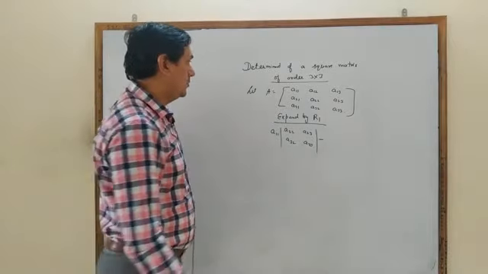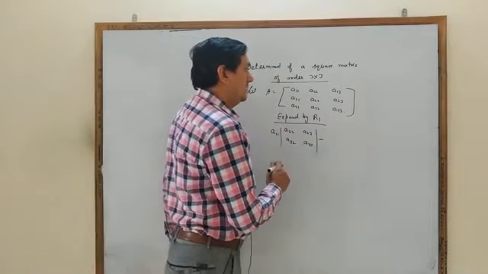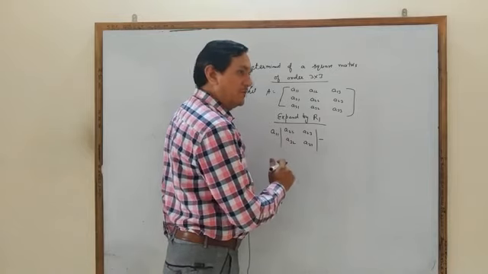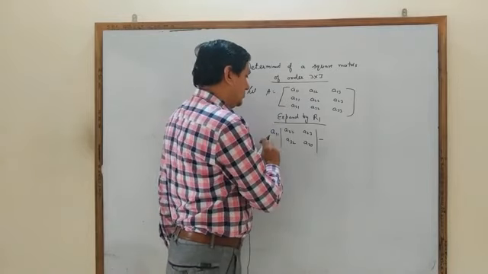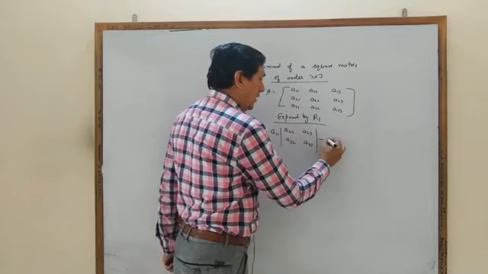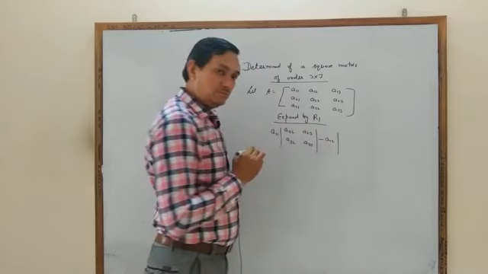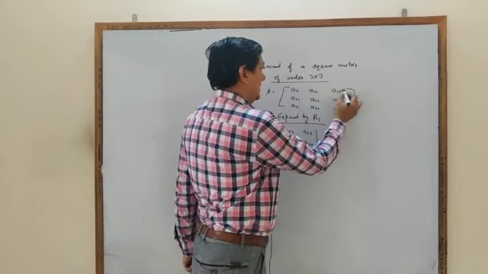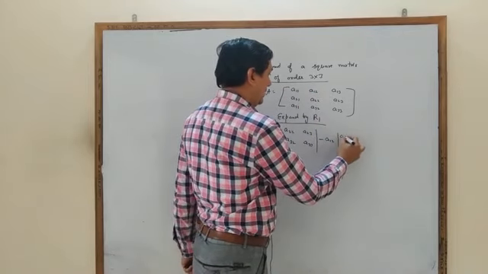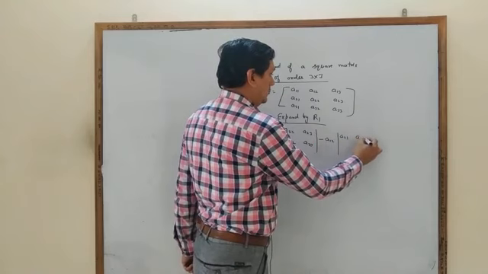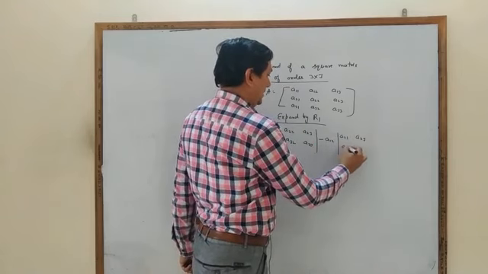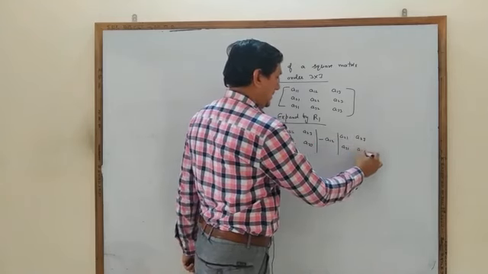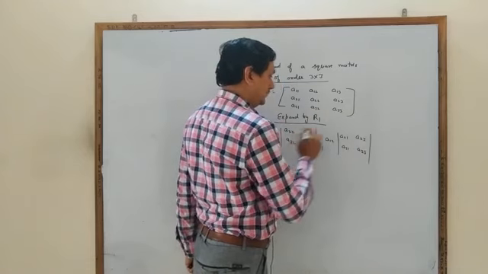As I have told you, we write the elements of R1 one by one with alternating signs. First we use a positive sign, now negative A12, and then put a cross on A12; A21, A23, A31 and A33 are the remaining elements.